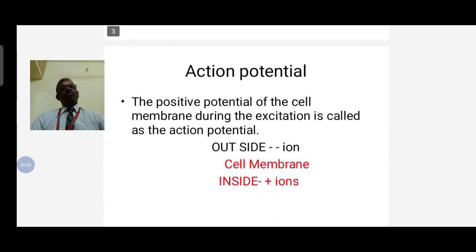Next one is action potential. What is meant by action potential? It is the positive potential of the cell membrane during excitation. In resting potential, positive ions are outside the cell membrane and negative ions inside the cell membrane. In action potential, negative ions are outside the cell membrane and positive ions inside the cell membrane.